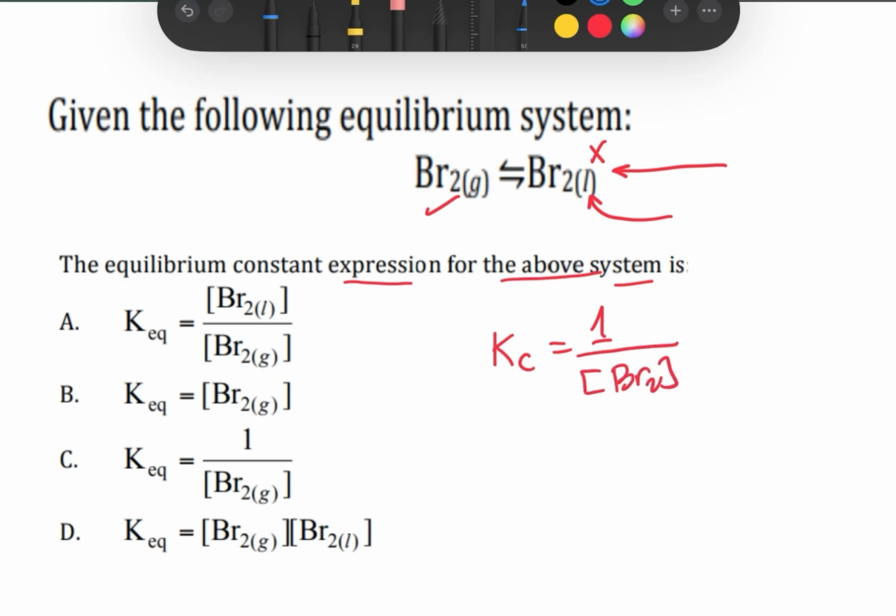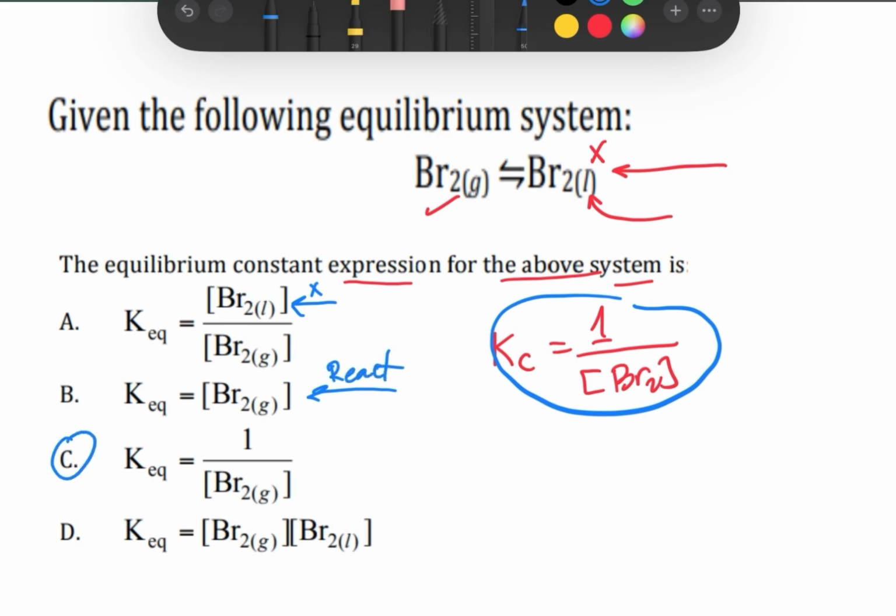Which of these answers represents what we got? The first one included the liquid state, so it's not acceptable. The second one has only Br2, but Br2 is on the reactant side, and this is not true. C is true because he put 1 for the product that is in a liquid state, so this is a true answer. This last one is a completely wrong expression.